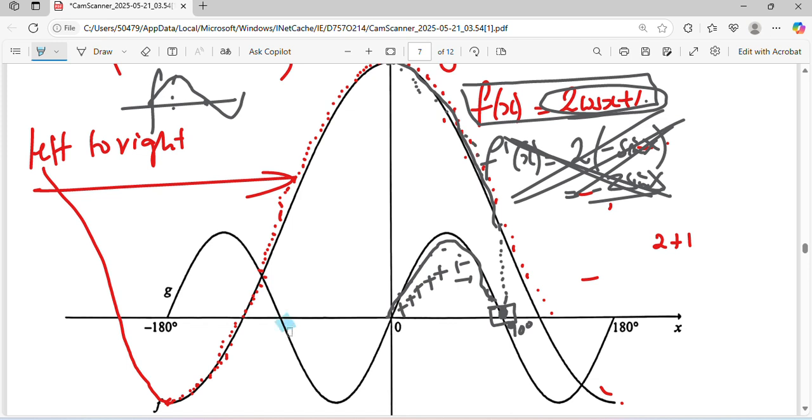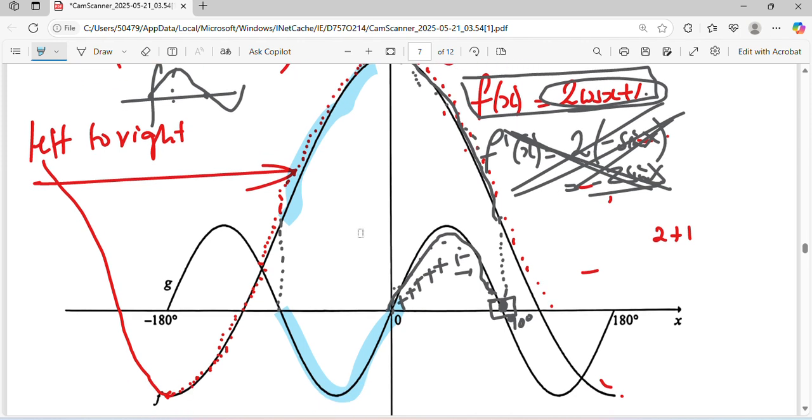This is below here, and in this region here, this one is decreasing in this interval.